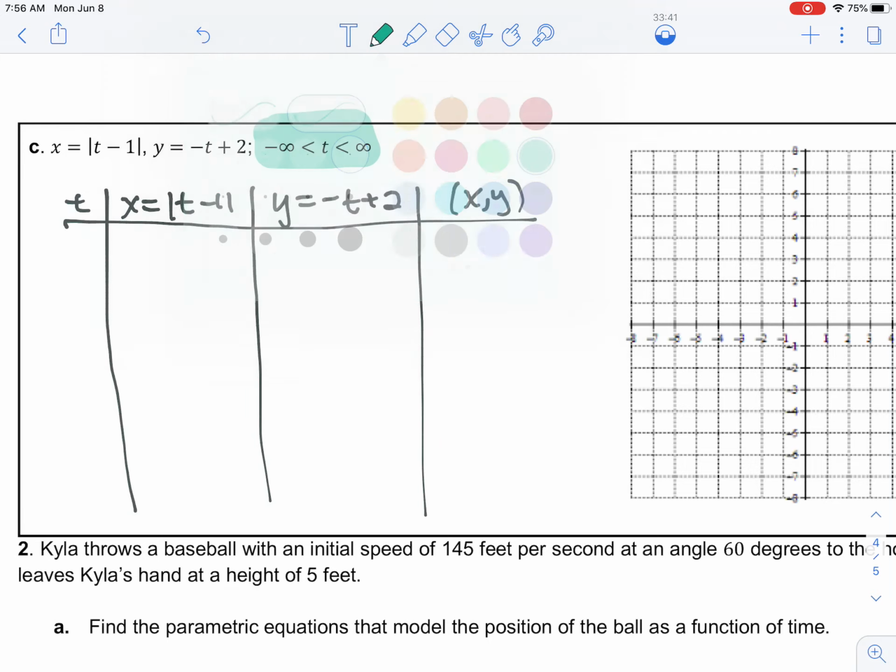Okay, so if I just go ahead and plug in negative 10 for t, I'm going to find that that's the absolute value of negative 10 minus 1, which will be positive 11. And then over here we have negative 10, which would be positive 10 plus 2. So it's going to give me the point 11, comma 12.